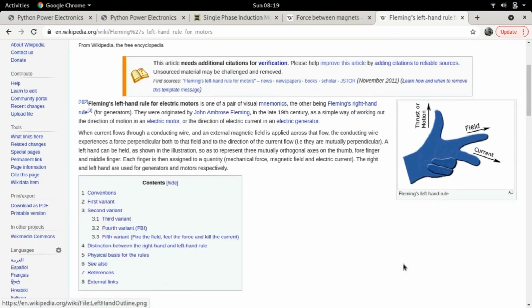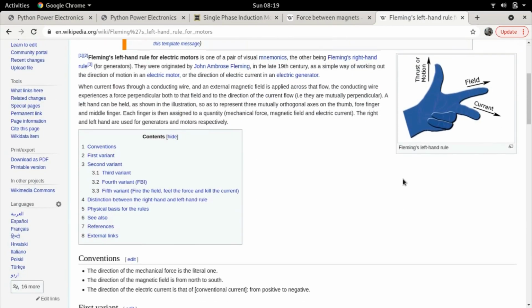Similar to the right-hand thumb rule that we used, here we have to use three different fingers, all of the left hand. We have to hold these three fingers such that they are all perpendicular to each other. That's very important. You see the thumb here is pointing in the upward direction.